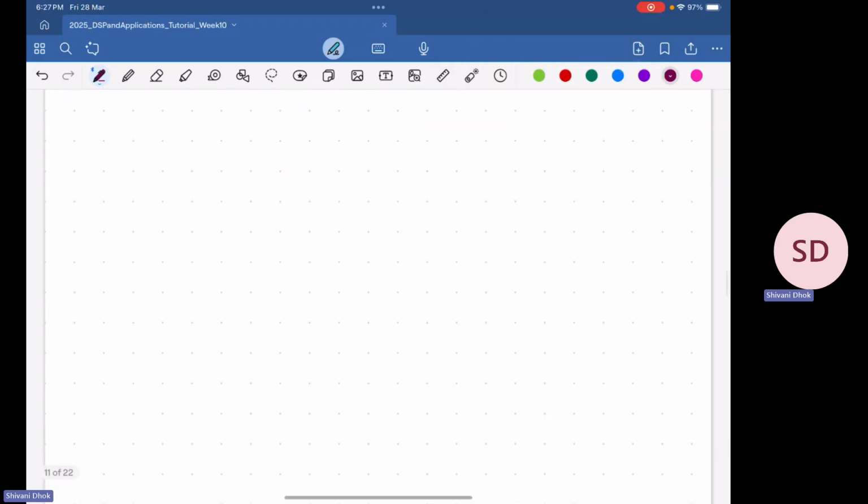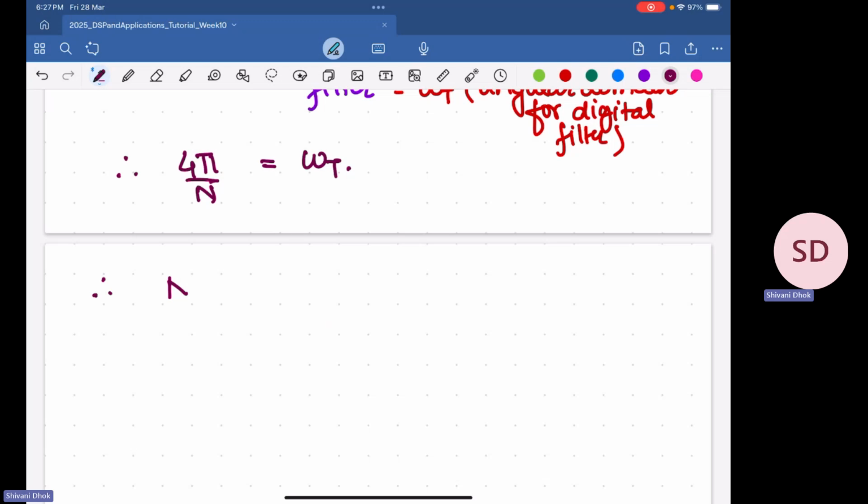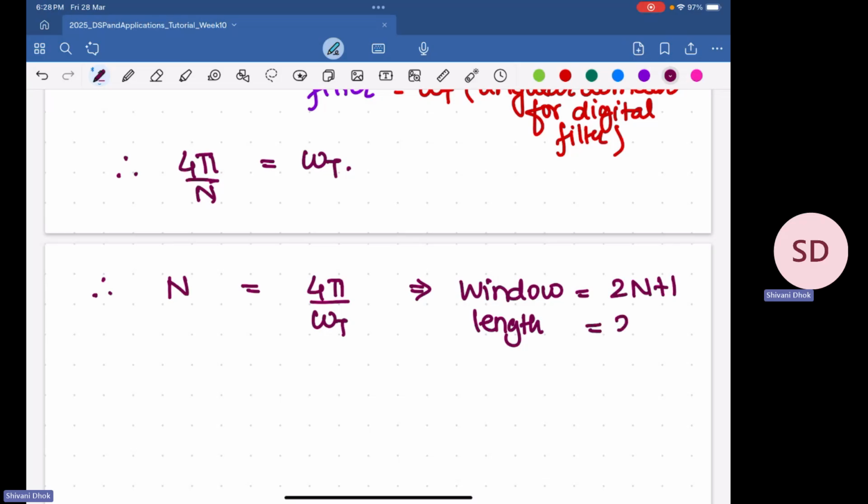Therefore, n is equal to 4 pi by omega t, which means that this window length, which is 2n plus 1, is equal to 8 pi by omega t plus 1. So in this equation, what we don't know? We don't know the value of this omega t.